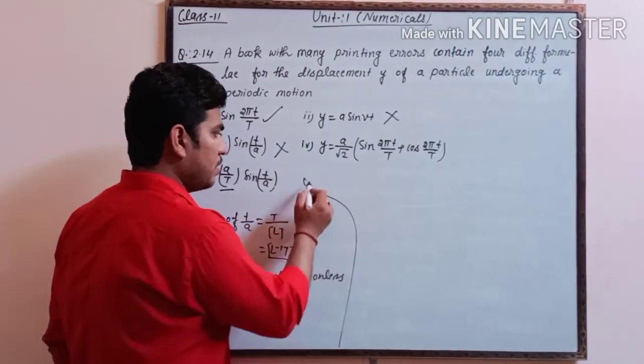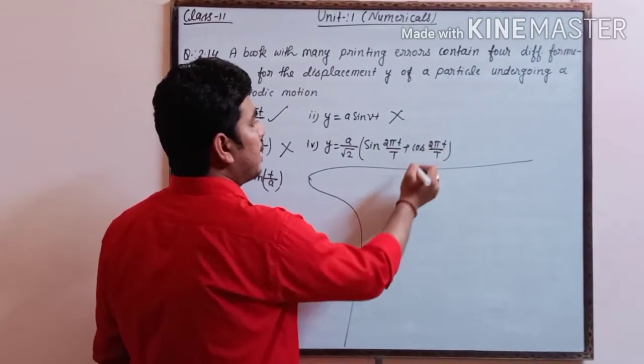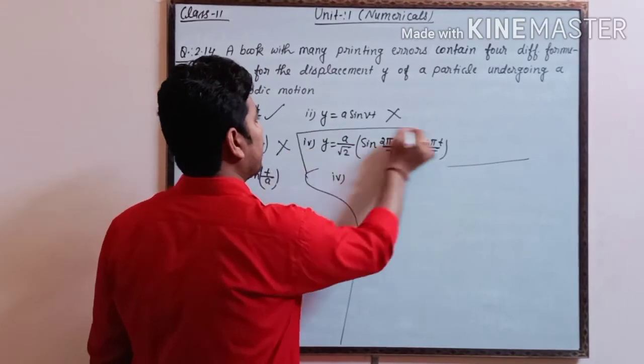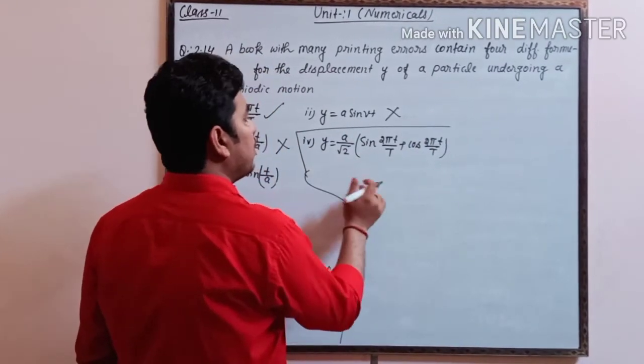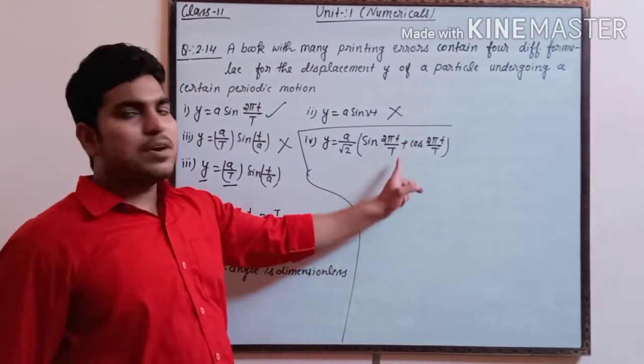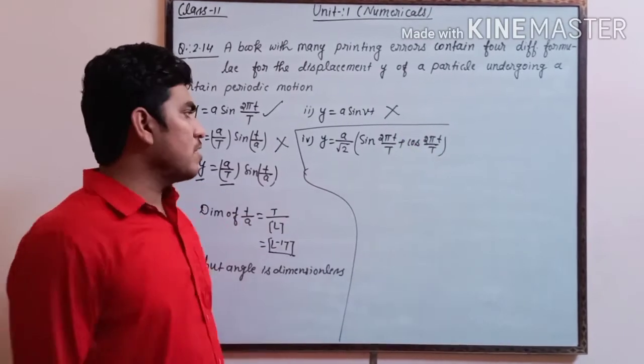ओके, लेट्स चेक आउट द लास्ट वन। हियर फर्स्ट वी विल चेक साइन एंड कोसाइन टर्म्स। दिस इज t upon t, time upon time dimensionless, 2 pi is a constant.